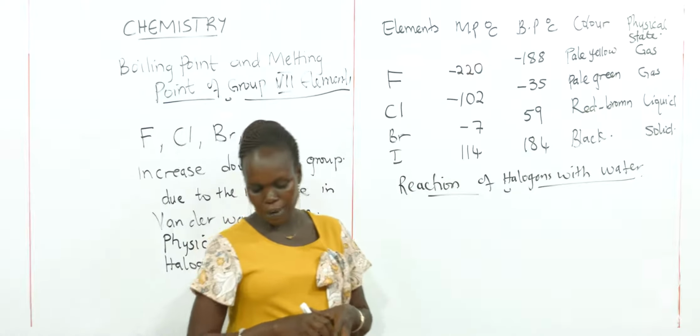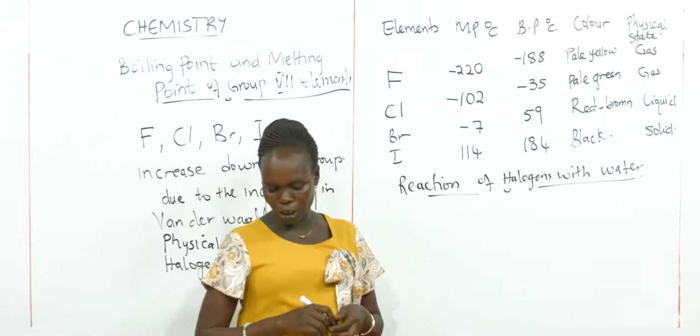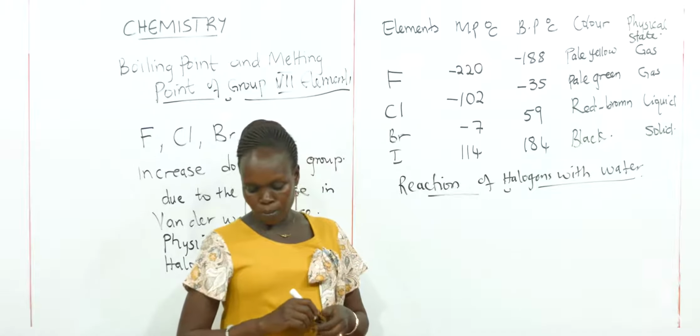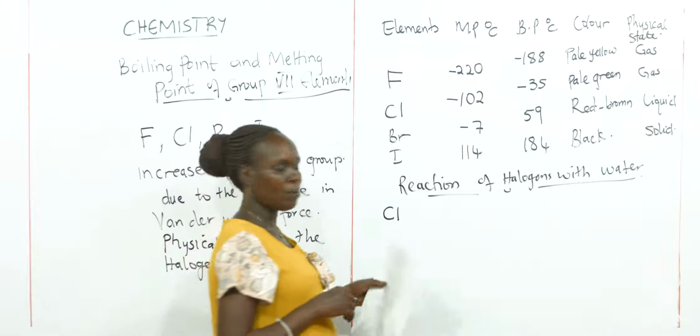We are going to see the first element, chlorine, when it is dissolved in water, turning blue litmus to red, and then forming a green yellow solution. So chlorine, when it is dissolved in water, will show some colors.